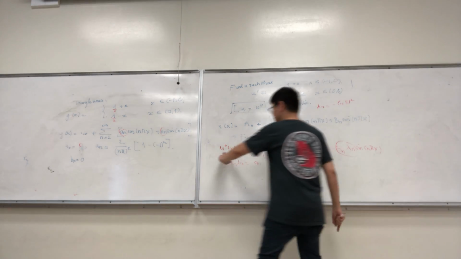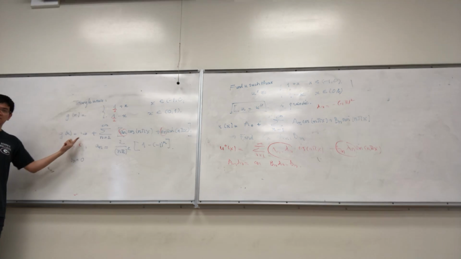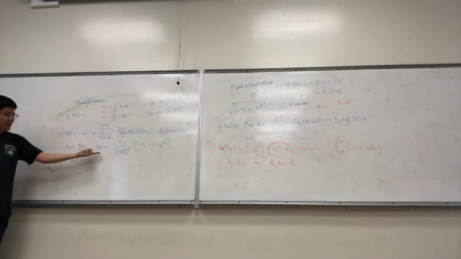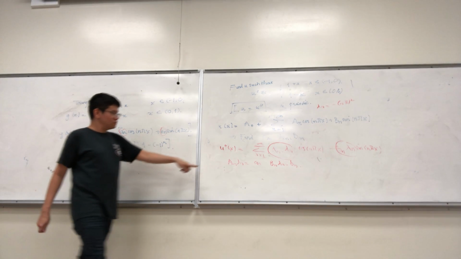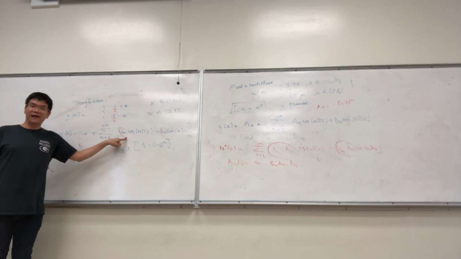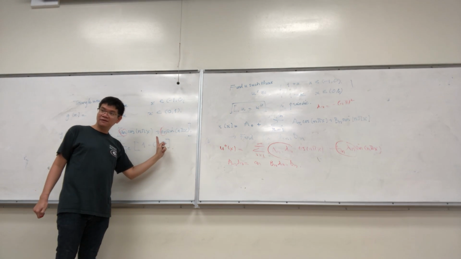Now, you want to find this u, but u second is already given here. So here you have all of the coefficients. a0 is 0, a_n is this guy, and b_n is 0. Which means that A_n lambda_n has to be equal to this small a_n, and B_n lambda_n has to be equal to this small b_n.